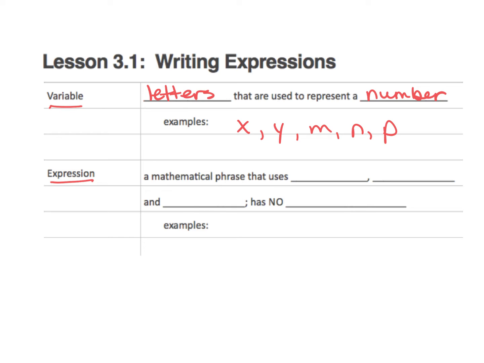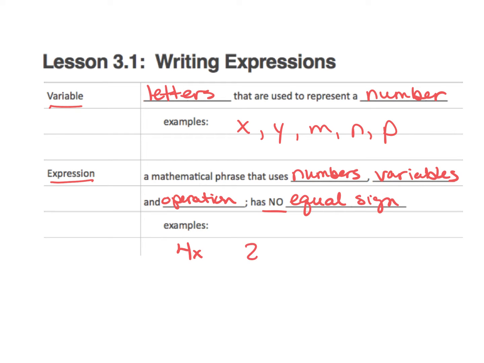The next one is an expression, which is a mathematical phrase that uses numbers, variables, and operations. It does not have an equal sign. This has no equal sign. So we have 4x.